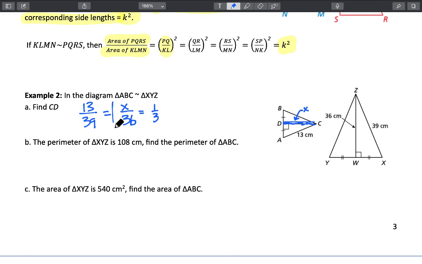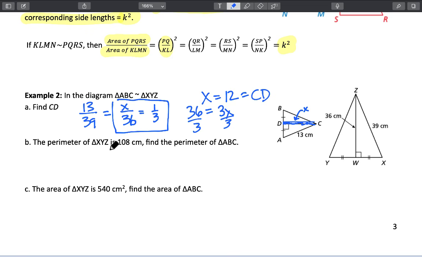And so I'm going to use this pair of ratios set equal to each other. This proportion, I'm going to solve by cross multiplying. 1 times 36 is 36, and 3 times x is 3x. Now when we divide that by 3, we find that x is 12, and 12 is the length of CD, or the height of that triangle.